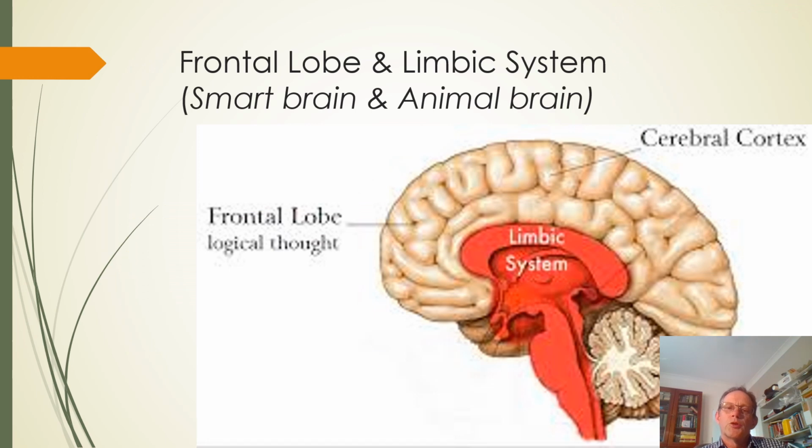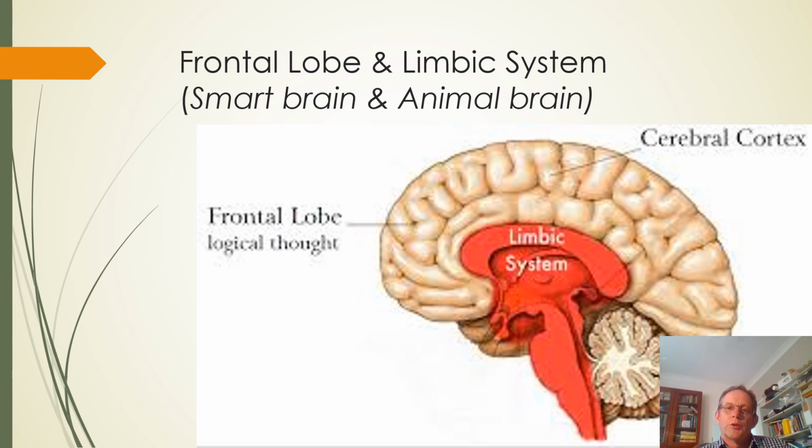So let's look at the brain structure as it relates to our subject of learning and addiction. The frontal lobe and the limbic system are the two main areas that we're looking at. The frontal lobe we'll call from here on the smart brain, and the limbic system we'll call the animal brain. The limbic system we share with mammals.